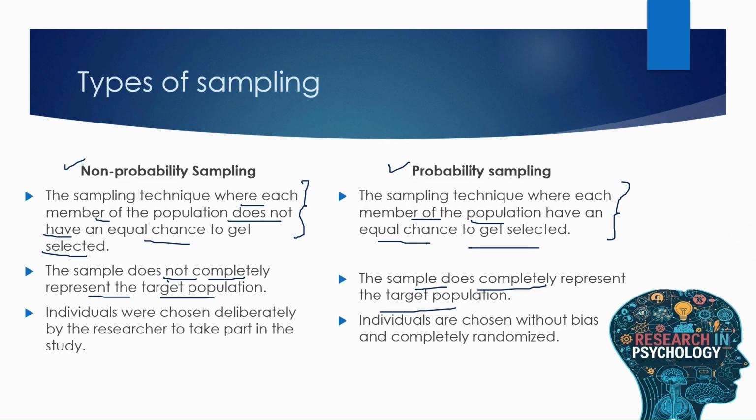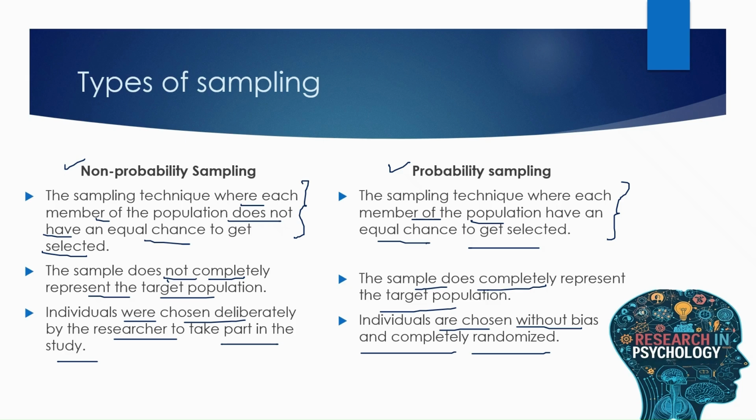Thirdly, the individuals are chosen deliberately by the researcher to take part in the study. Here, the individuals are chosen without bias and completely randomized. So, if I want to perform a study in a university, maybe on what basis people select courses, ideally, what I'm supposed to do is each and every student of the university should have an equal probability to be a part of my study.